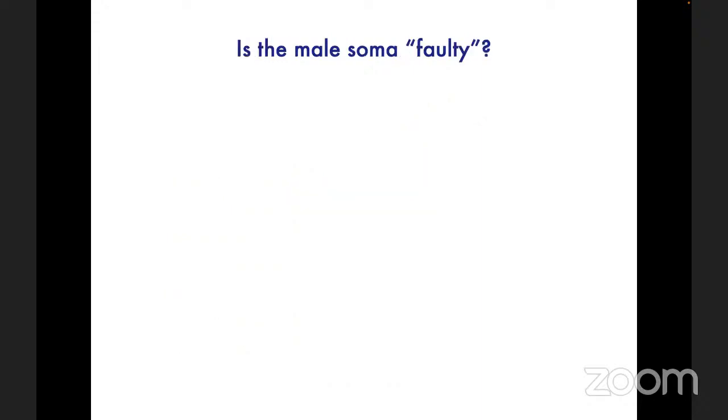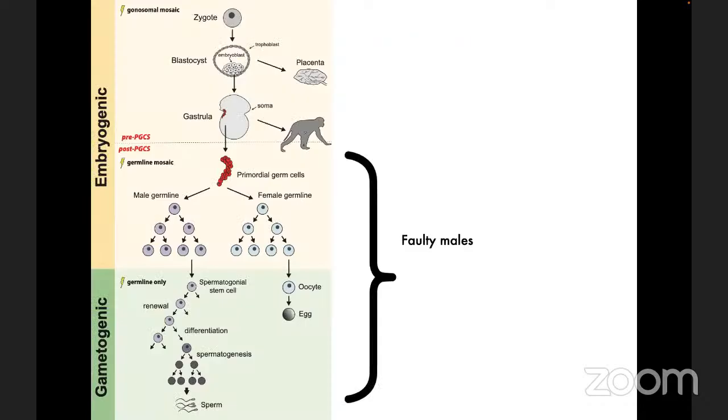I think the most interesting implication is whether the male soma is faulty, right? Because in this model, we suddenly have some underlying molecular difference between males and females when we have the specification of sex. Okay, so that's coincident with setting aside the germline.